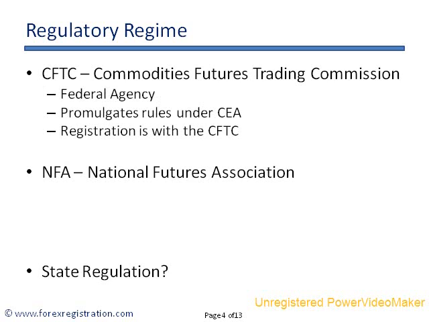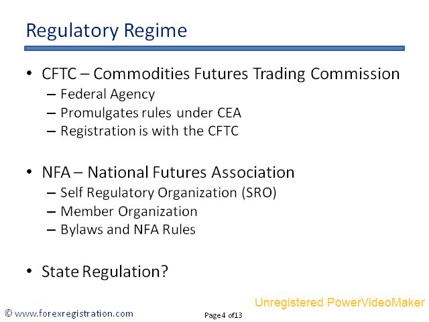The CFTC is the actual federal agency in charge of making sure that the Commodities Exchange Act is appropriately administered. The CFTC also promulgates rules under the Commodities Exchange Act. The National Futures Association is basically the helper organization to the CFTC. It's very similar to what FINRA is to the SEC.